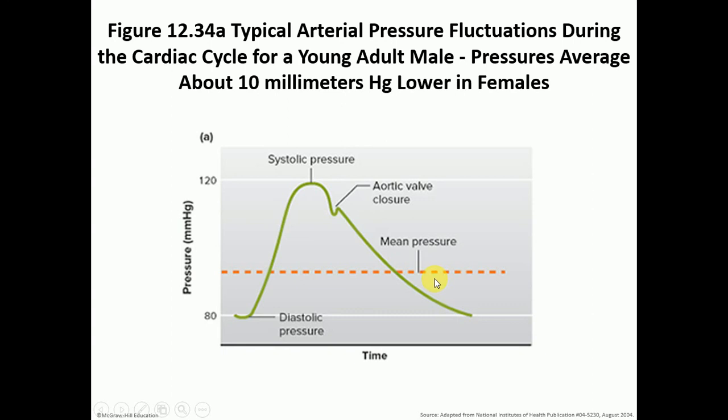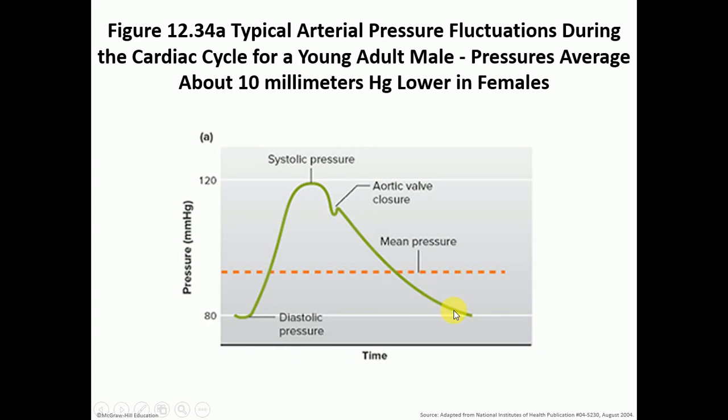And here you can see a change in blood pressure during a cardiac cycle. Okay, so during ventricular systole, the pressure in the aorta goes up, and then during ventricular diastole, you would imagine that the pressure in the aorta goes down, which it does.